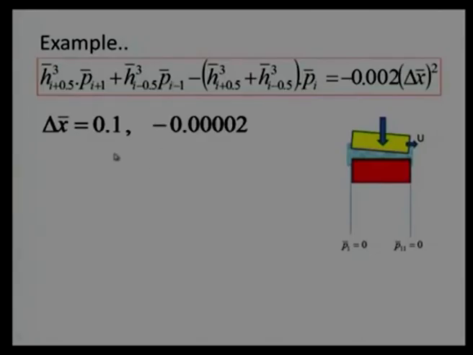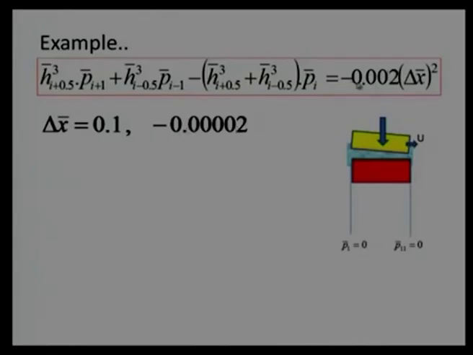As I mentioned, we are taking a step size of 0.1. This is a non-dimensional number, varying from 0 to 1, so we are taking a step of 0.1. If that is the case, we can directly substitute this 0.1, it will be 0.01 after squaring it, and that expression will be modified in a form like this.